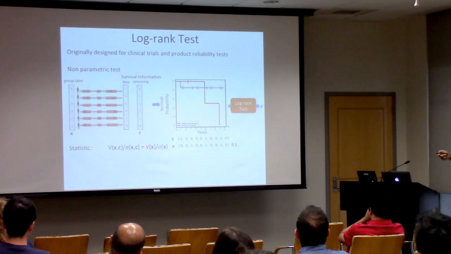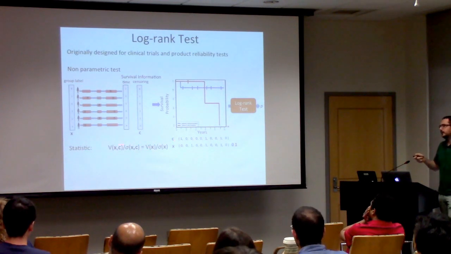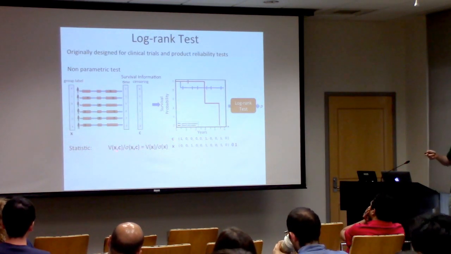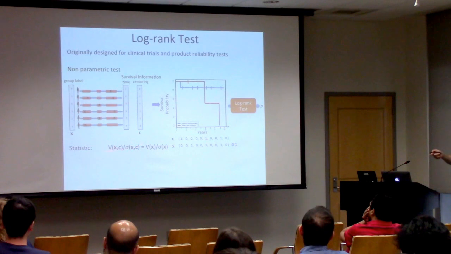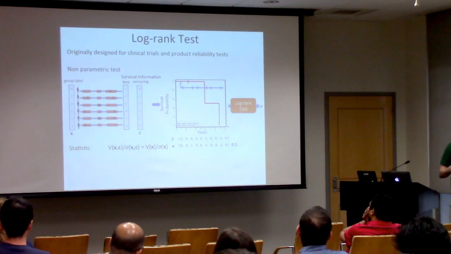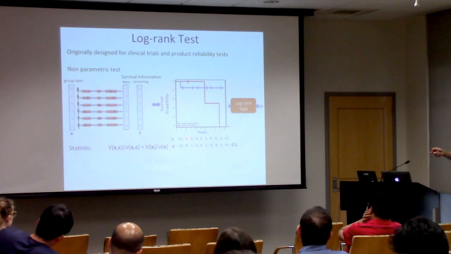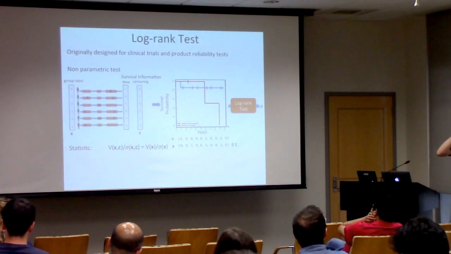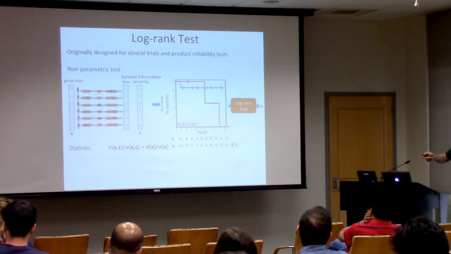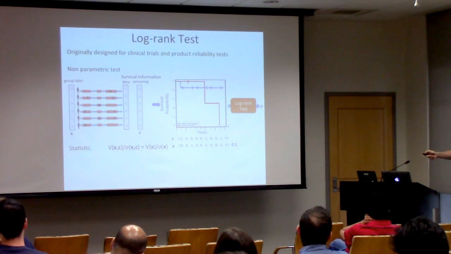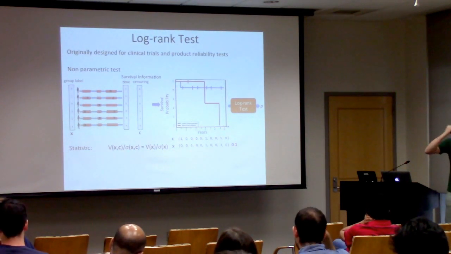Okay? And in particular, the statistic is going to be a function of X and C divided by the standard deviation of the statistic under the null hypothesis and the null distribution. And in fact, since we are considering one fixed data set, one cancer data set, we can assume that the censoring is fixed. Okay, it's going to be the same for all the genes that we look at.